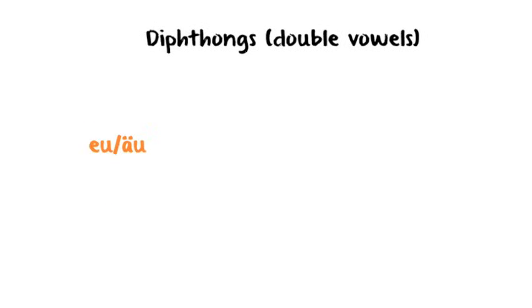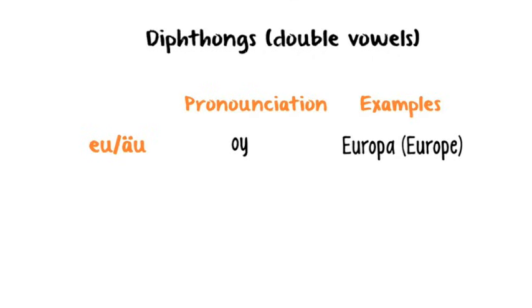The next letter combination is EU or ÄU, which is pronounced like oi. Here we have the example of the word Europa, which means Europe.